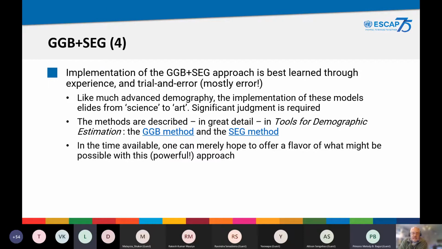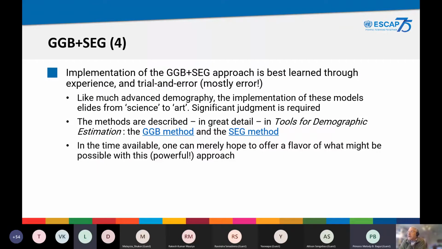But even if you personally are not a demographer or are not directly working with census data, other demographers in your National Statistical Agency might be able to assist you. Relative to two recent censuses, ask them to apply the GGB plus SEG approach, and to let you know what the results are in terms of the implications for the completeness of adult mortality.